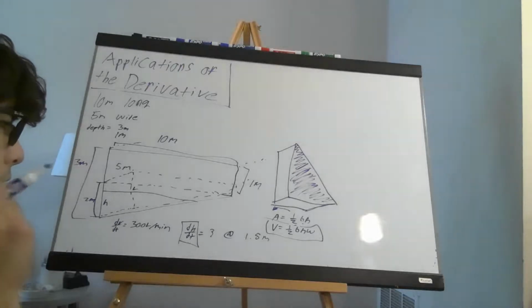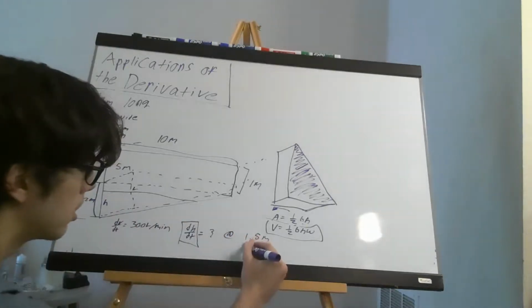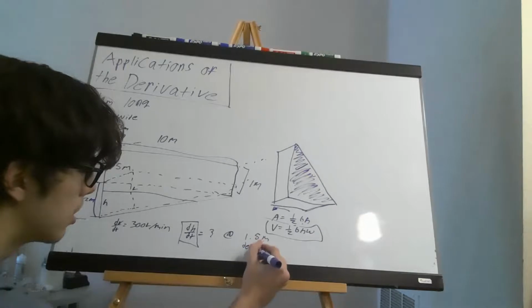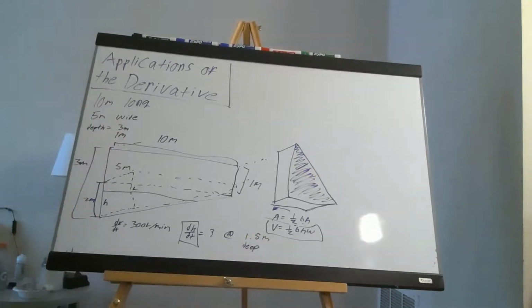So let's do that. 1.5 meters deep. What is the height? All right, let me reread this real quick, to see if I'm missing any key details. When you're stumped like that, just reread the question, y'all. Rectangular swimming pool, 10 meters long, 5 meters wide, depth of 3 meters at one end and 1 meter at the other end.